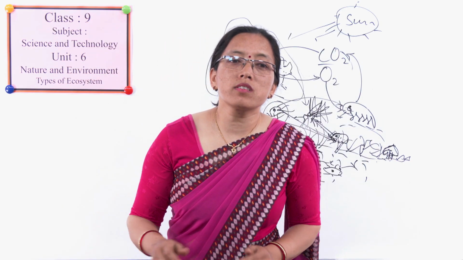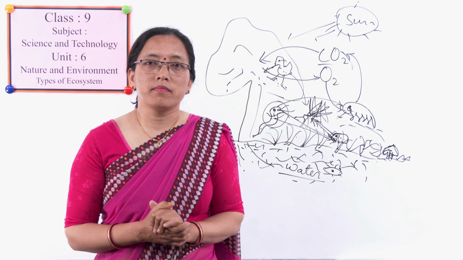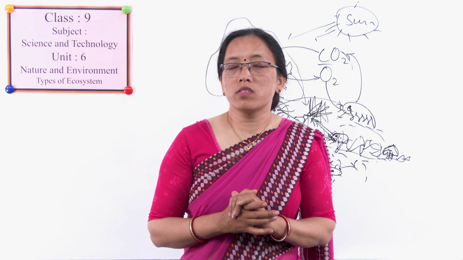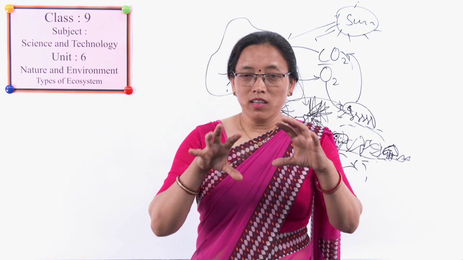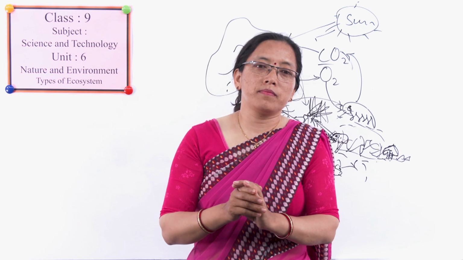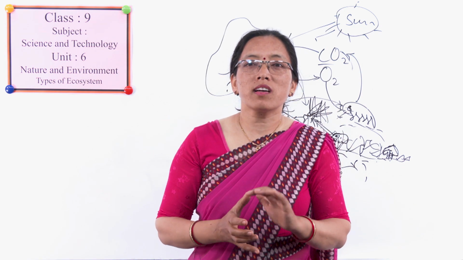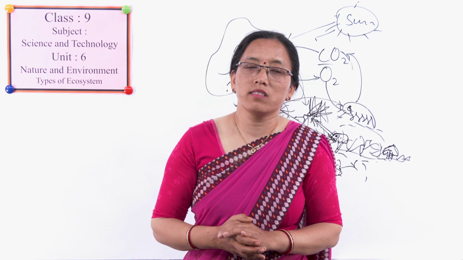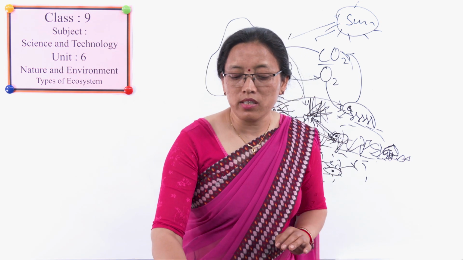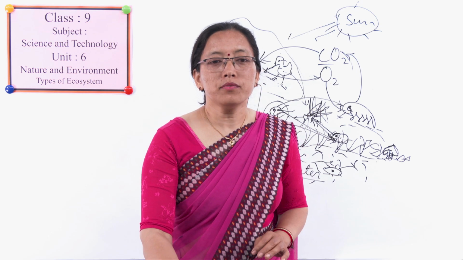The next type of ecosystem is the aquatic ecosystem. Already we have seen that aquatic ecosystem means the ecosystem of the water, the interrelationship between the aquatic organisms and aquatic physical factors. That is called aquatic ecosystem. Here you can observe.